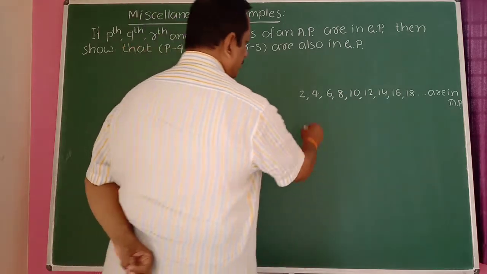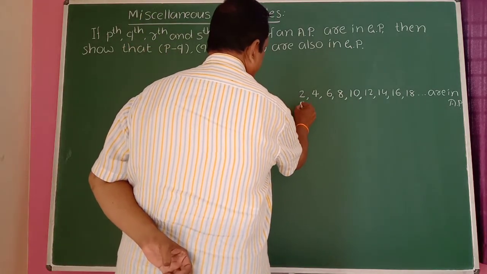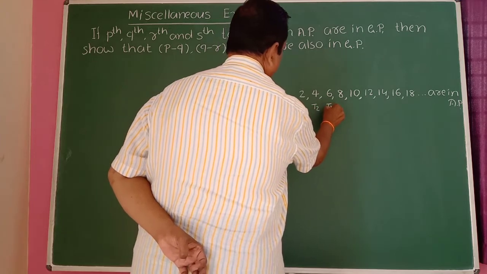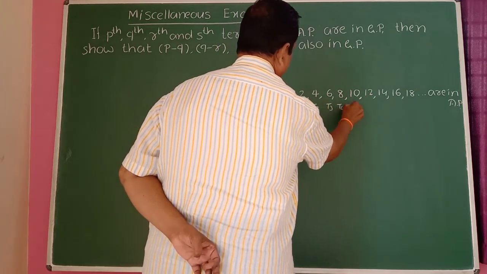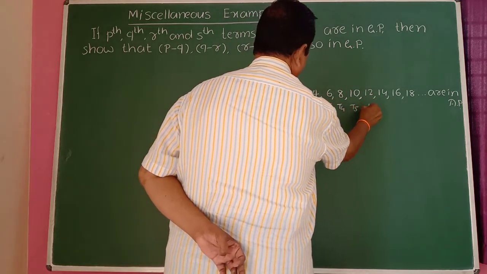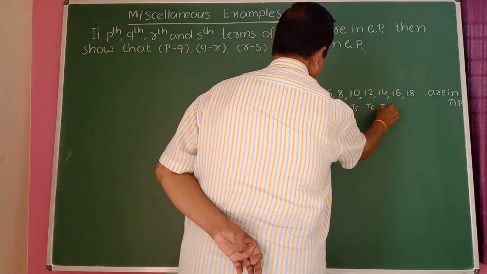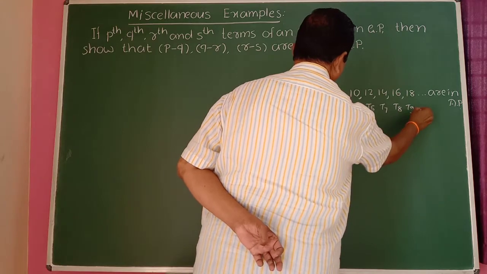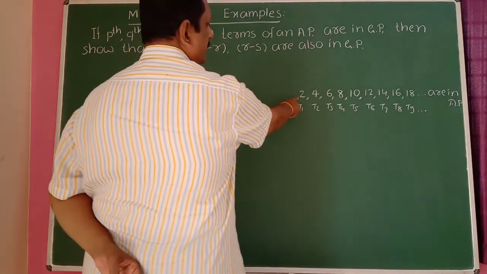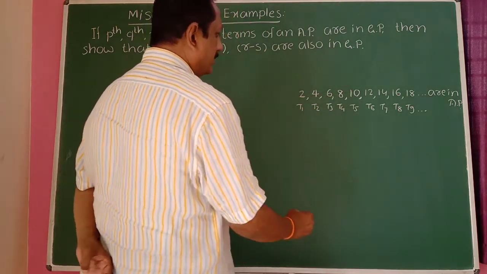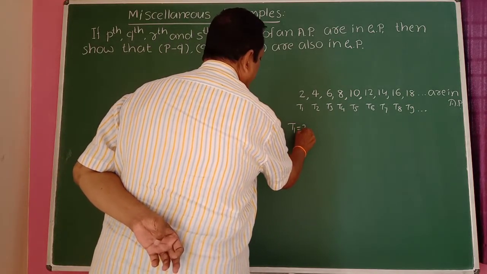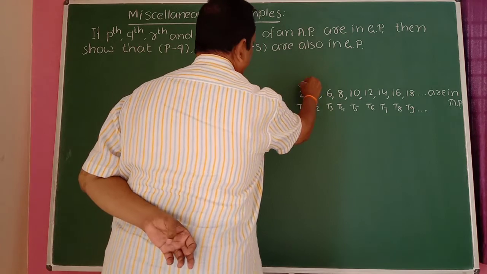You just take this one as the first term here: T1, T2, T3, T4, T5, T6, T7, T8, T9 and so on. This is the first term, second term and so on. Therefore, T1 is equal to 2 here. I am taking this 2.